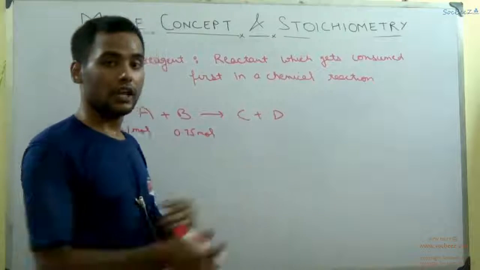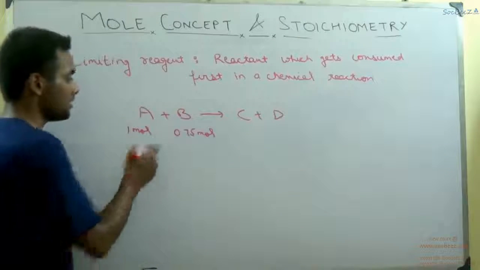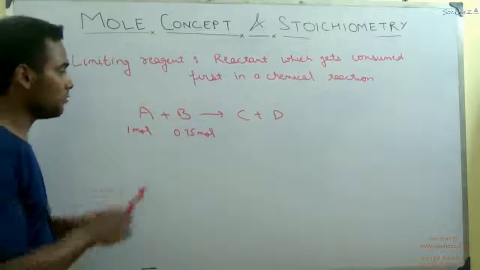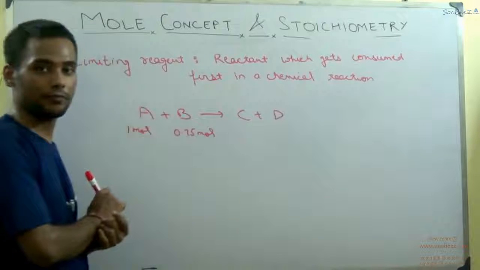Since 1 mole of A combines with 1 mole of B, we can also say that 1 mole of B combines with 1 mole of A.